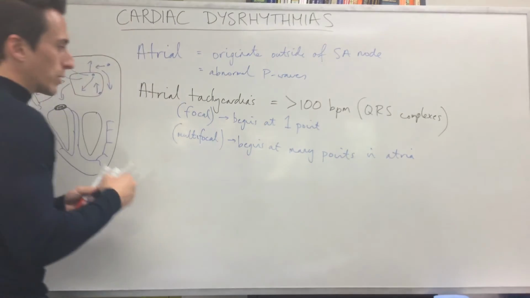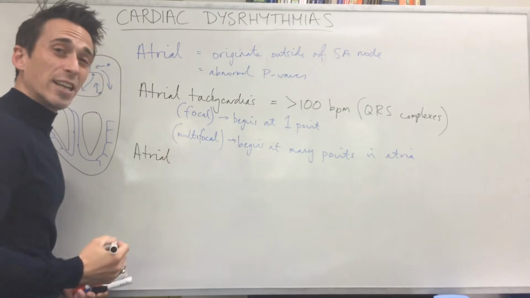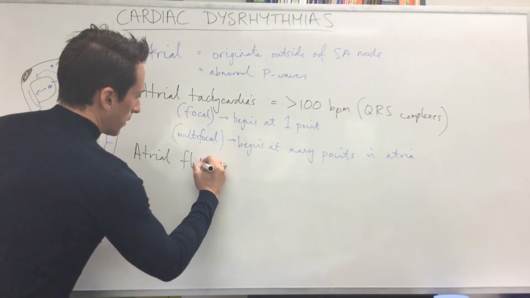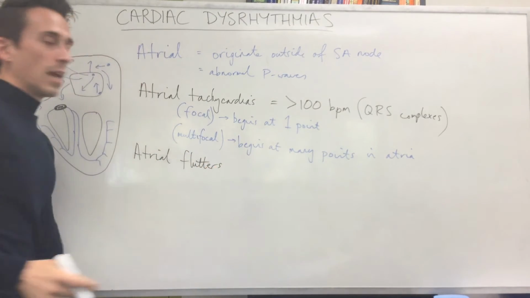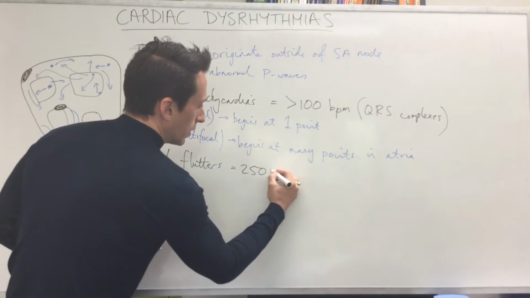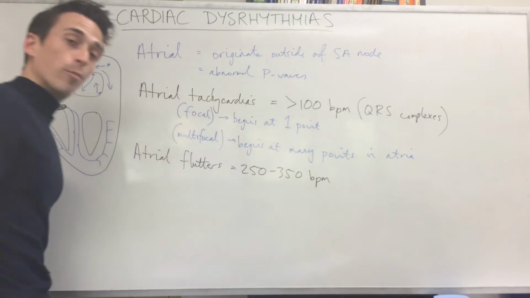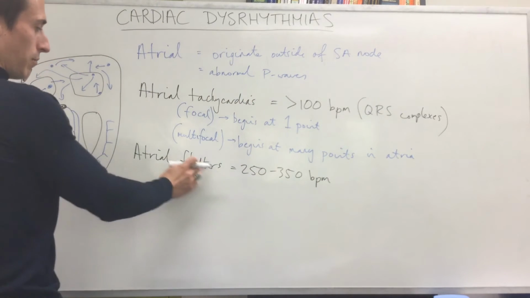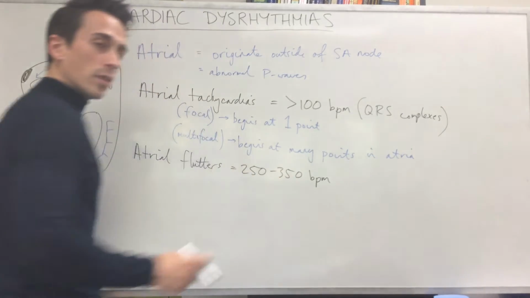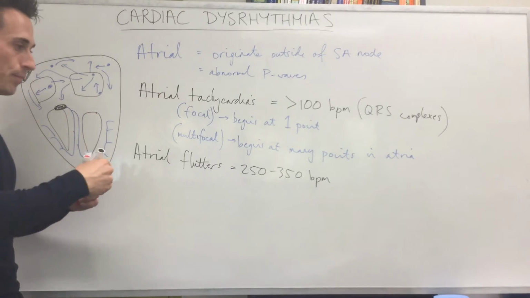In actual fact, atrial tachycardias, which are known as atrial flutters, and these atrial flutters are actually between 250 to 350 beats per minute. Now these atrial flutters, between 250 to 350 beats per minute, again originating at the atria.